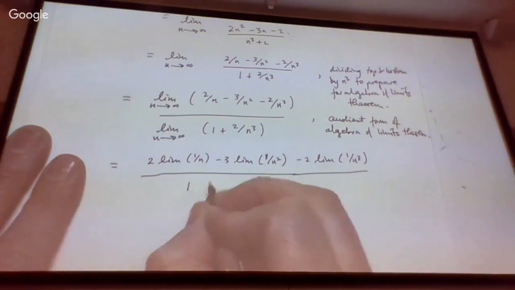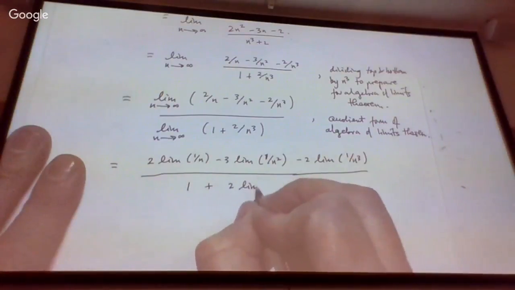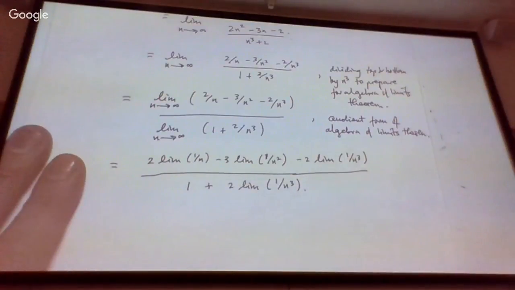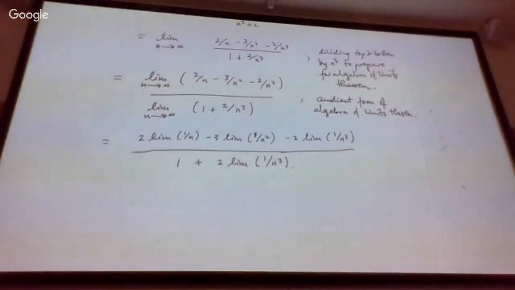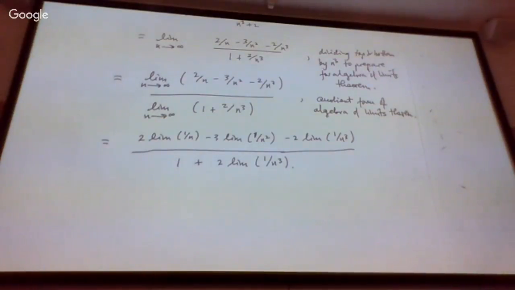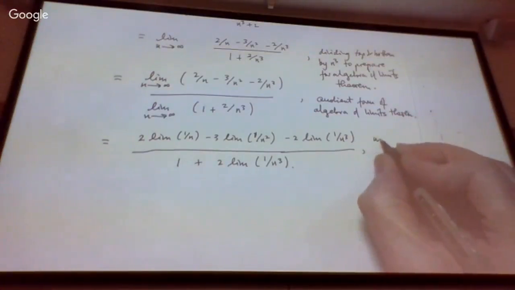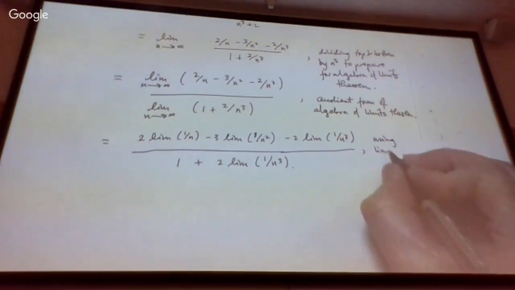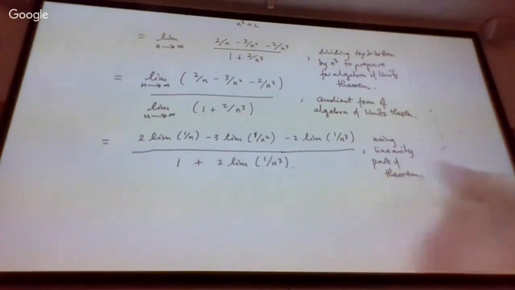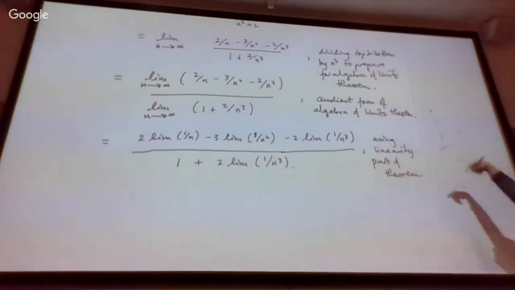Down here we've got the constant 1 plus 2 times the limit of 1 over n. The justification for that is the linear combinations form of the algebra of limits, the linearity part of the theorem. What I mean is clear, because it's the algebra of limits theorem I was referring to earlier.